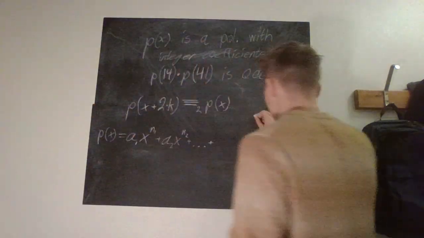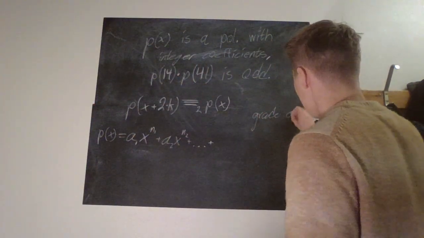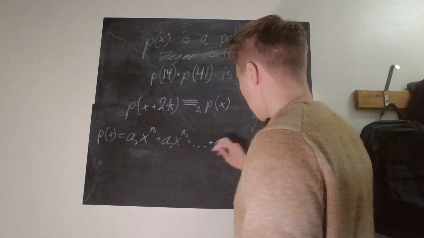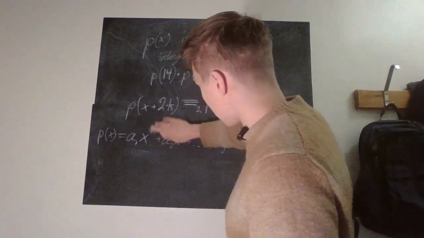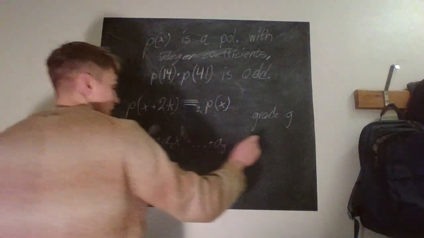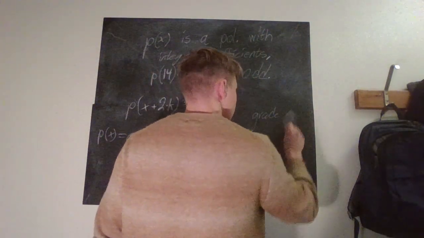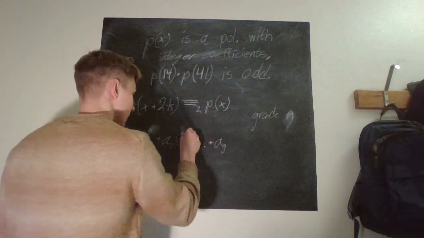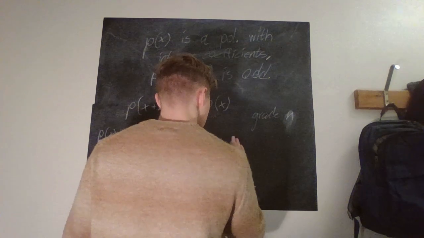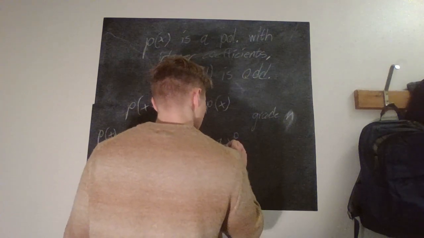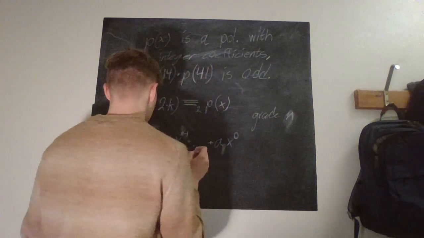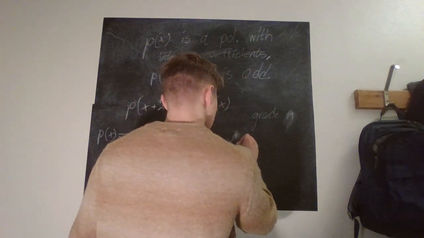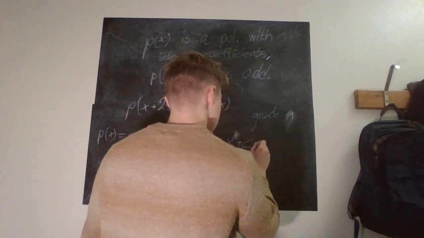We'll call it grade n, and then n minus 1, all the way down to a_n times x to the power of 0, and then plus some constant c.